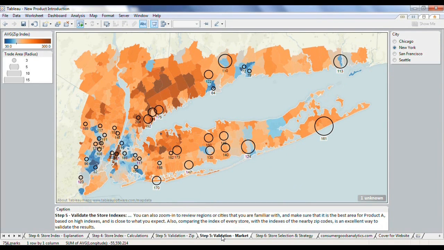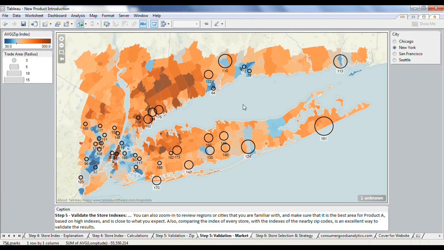Another step in the validation process is to look at the details of a market. So here we're going to look at, for example, New York, and we're going to compare the index of each of the stores versus the index of the surrounding zip codes. So we see here that the stores in downtown Manhattan index pretty high, and the surrounding zip codes have a pretty high index, that's a pretty dark orange.